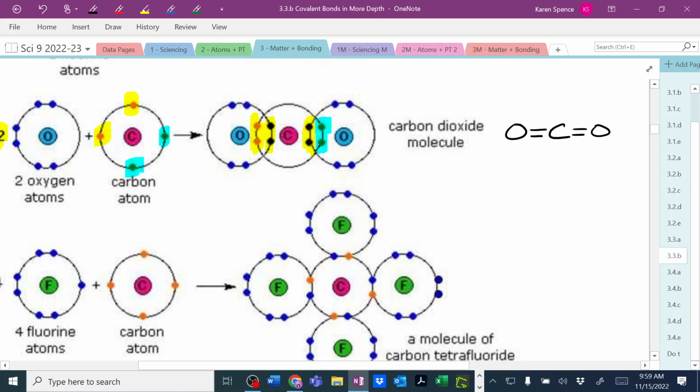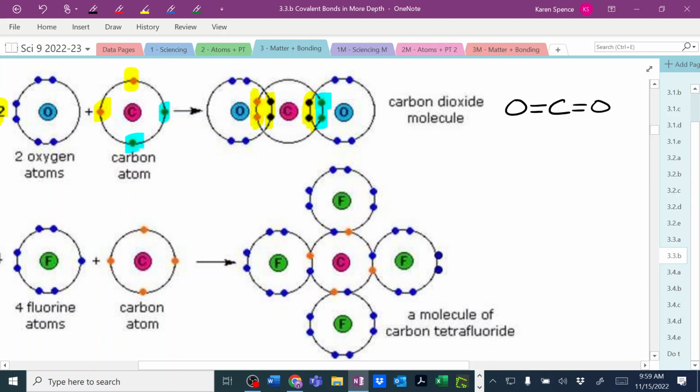Now in my next one, I have a carbon, and you can see that it would be really nice to share with that fluorine. How many fluorines am I going to need to make carbon stable? 4. I'm going to need one on the top, one on the side, one on the bottom, and one on the other side. So that would be C, F, 4.